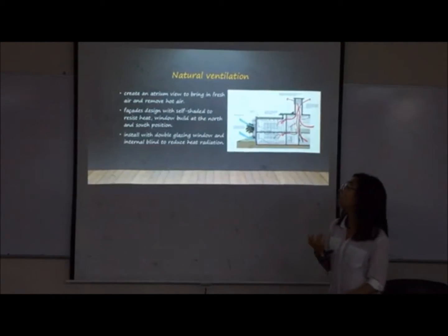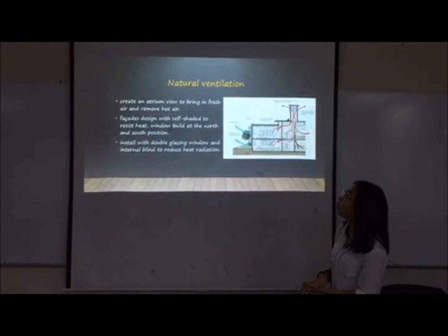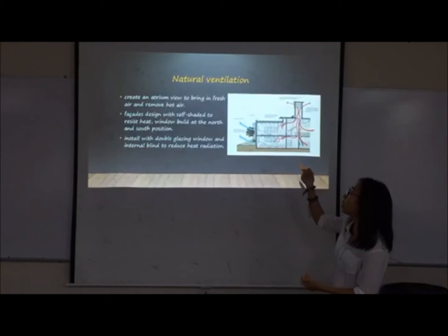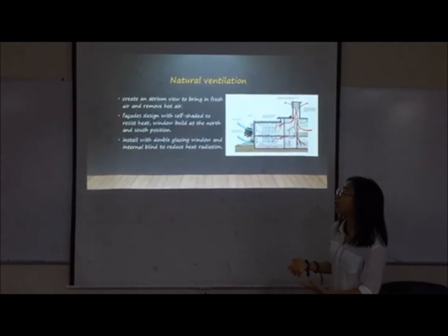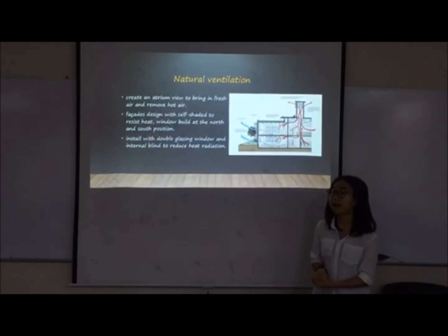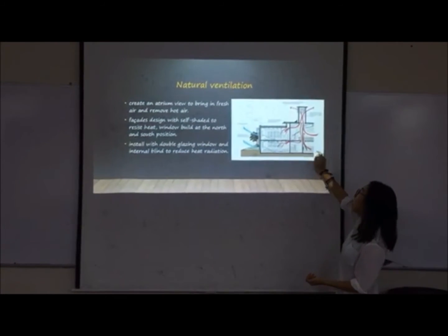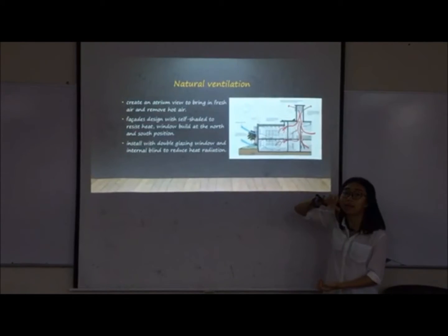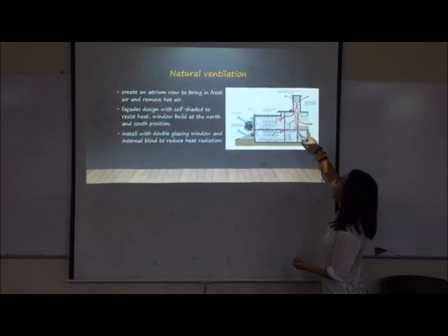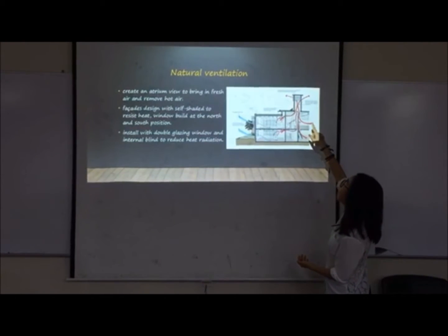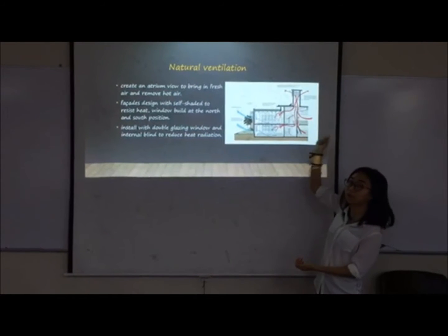Other than mechanical ventilation, we can also use natural ventilation, like creating an atrium in the building to bring in fresh air and remove hot air. From here we can see that the hot air, which is less dense, will rise, then pass through the atrium, going outside the building.